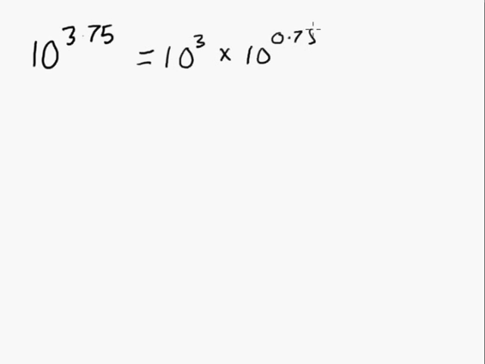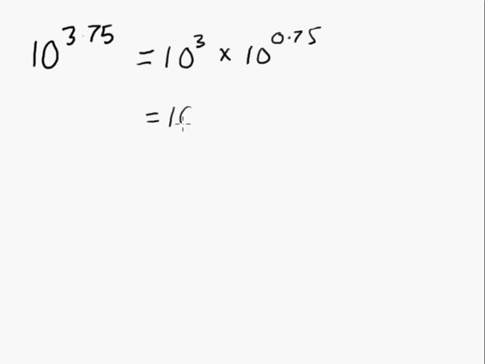Another way of thinking about mixed fractions like 10 to the power of 3.75 is to use the addition rule. You can say that's 10 to the power of 3 times 10 to the power of 0.75, because 3.75 is 3 plus 0.75.